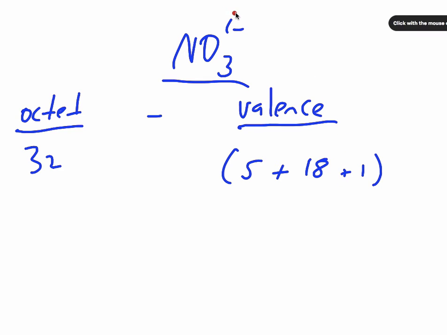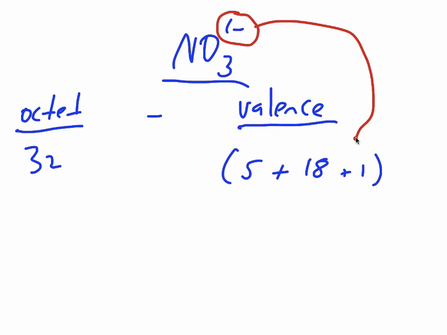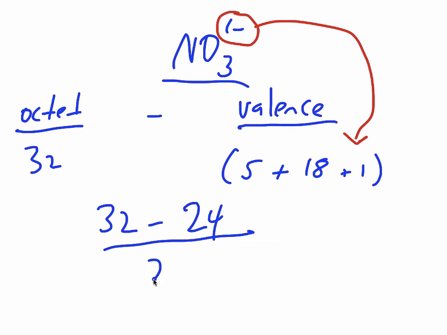So in this case, that minus 1 gets translated into adding 1 because these things that we're counting, those are electrons. So now we have 32 minus 18 plus 6, so that's going to be 24. So 32 minus 24, being 8, divided by 2, is 4.